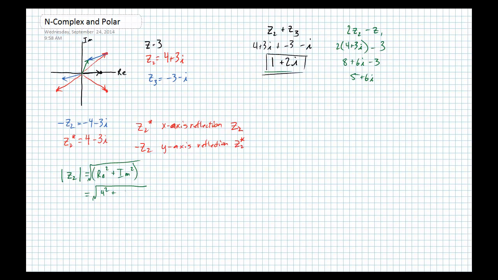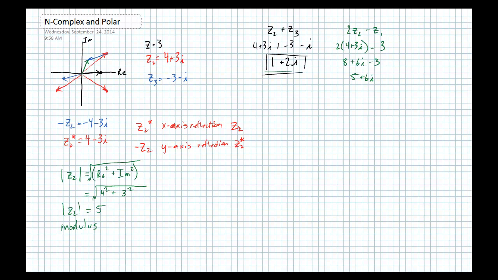It's 3, so 3 squared. So 4 squared and 3 squared is 16 plus 9, which is 25. Ooh, that worked out really nice. And so the length of z2, or the modulus, is 5. Alright, so that's pretty much all we got right there.